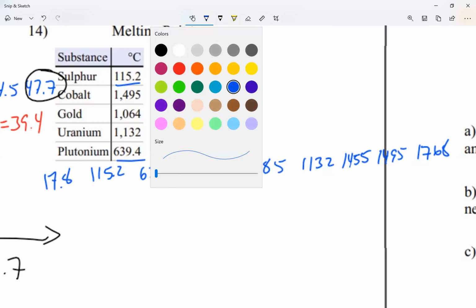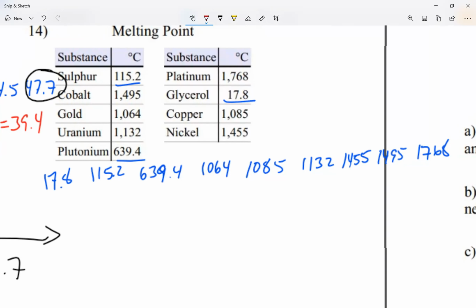So, a few things I had to identify. The median. We've been dealing with the median a lot. So I think we find the median is 1,085. Good. Now in the lower half, my lower quartile is about here. It's in between 115.2 and 639.4.